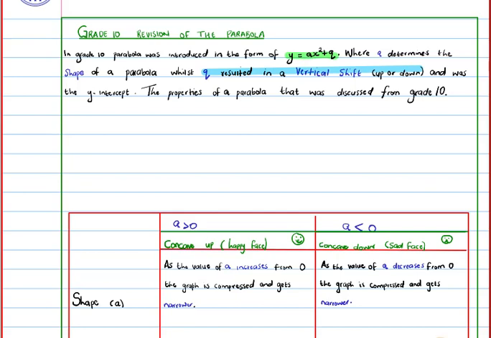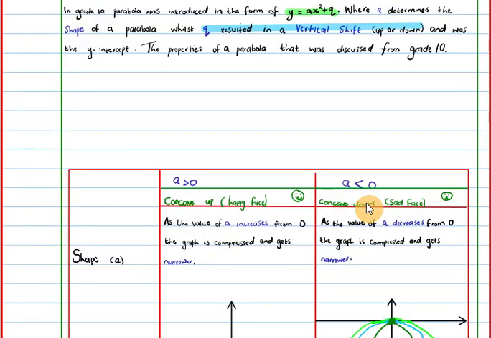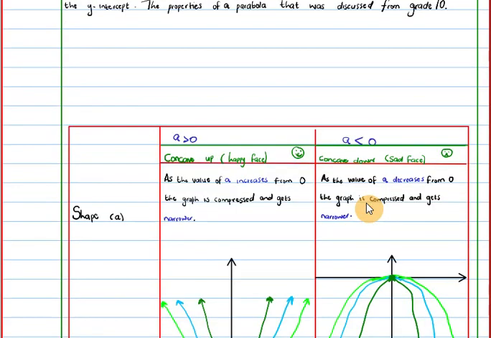Okay, how does A help us to determine the shape of the graph? If the value of A is greater than 0, the graph is concave up, meaning it is smiling, showing a happy face.